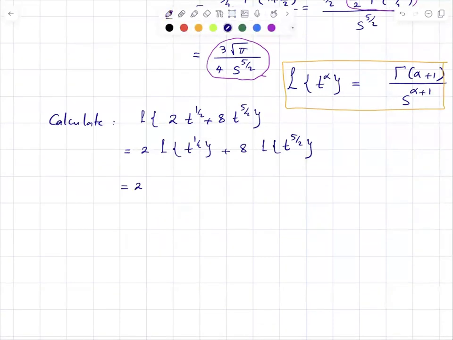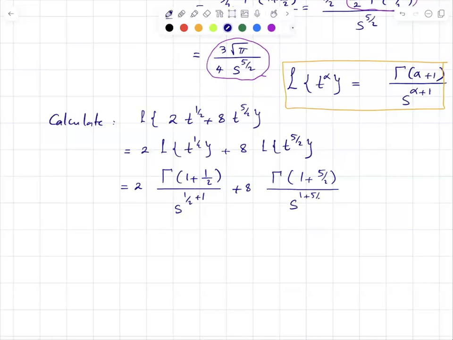Here you have 2 times the gamma of 1 plus a half divided by s to power a half plus 1, or 1 plus a half, it doesn't matter what you are using here, plus 8 times the Laplace of t to power 5 over 2, which can be written as the Laplace of 1 plus 5 over 2 divided by s to power 1 plus 5 over 2.